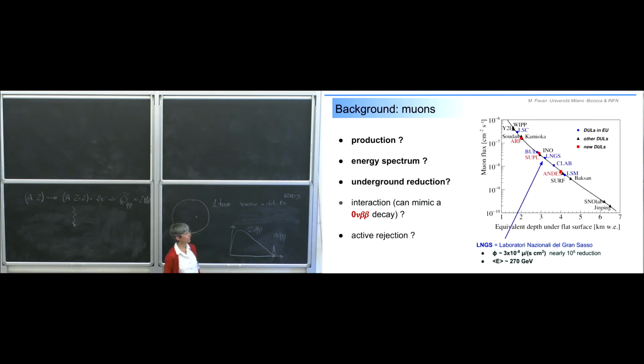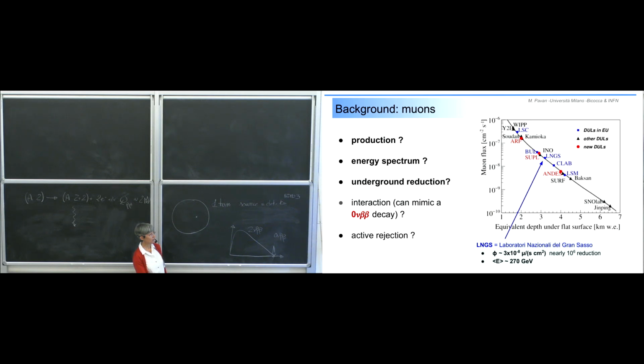This is a plot that illustrates the muon flux reduction in the different underground laboratories. And the arrow points toward the Gran Sasso laboratory, where we have 2 big experiments, Legend and Cuore, running for searching for double beta decay.